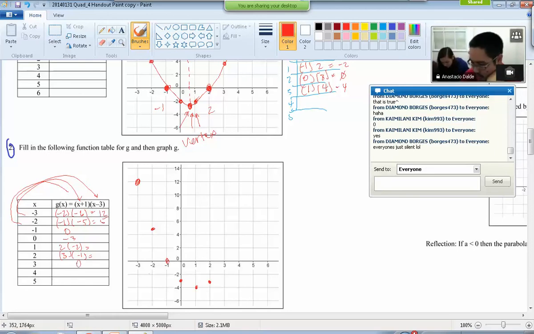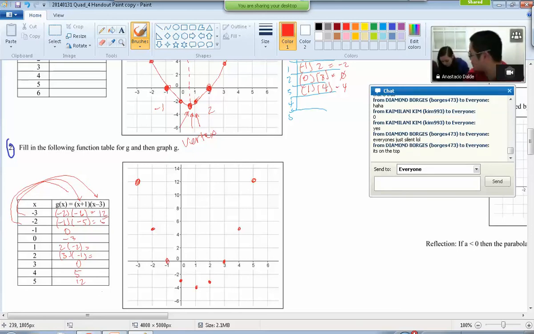0. I'm gonna tell you what. I'm gonna plug it in real quick. Ready? 5 and 12. How did I do that so quickly? Because parabolas kind of have this nice symmetry to it.